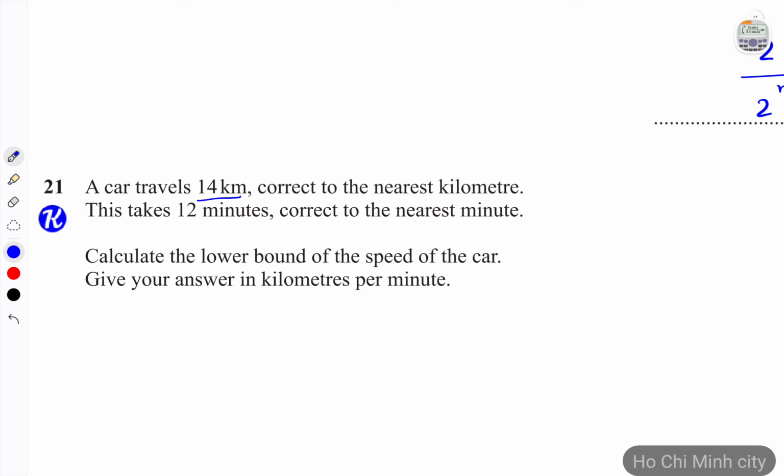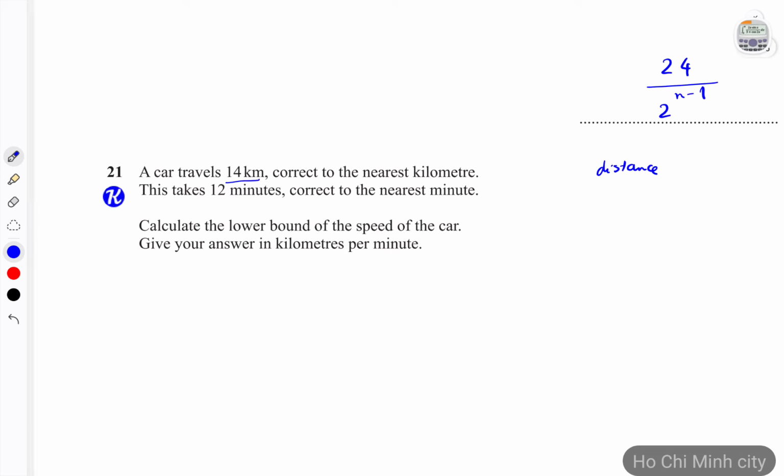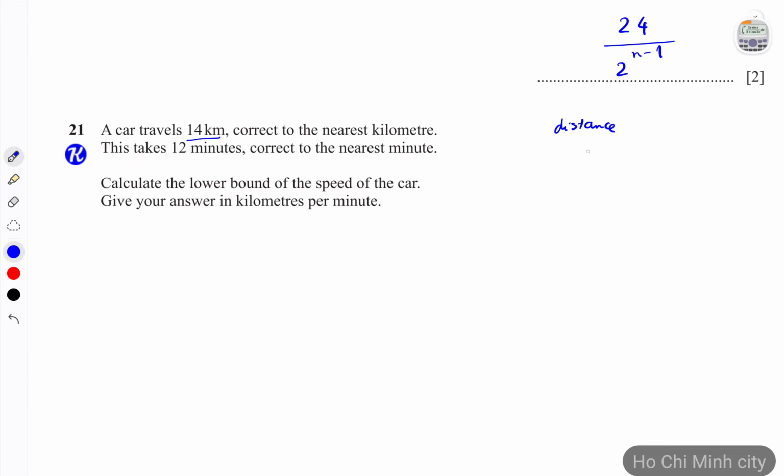It means that the distance, all right, so we can write down here, the distance is always between these two bounds. The first bound is 14 minus 1 over 2. The second one is 14 plus 1 over 2.